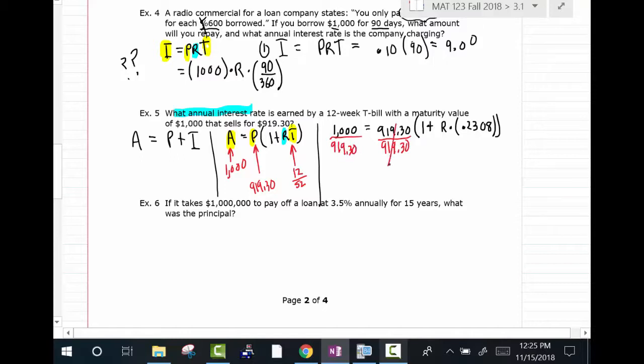Like that. Okay, you can do steps on your calculator if you want to. I recommend as much as you can to do all your rounding at the end. So I'm just going to bring this down. That's 1,000 over 919.30 is equal to 1 plus, and I'm going to write that as 0.2308 like that.